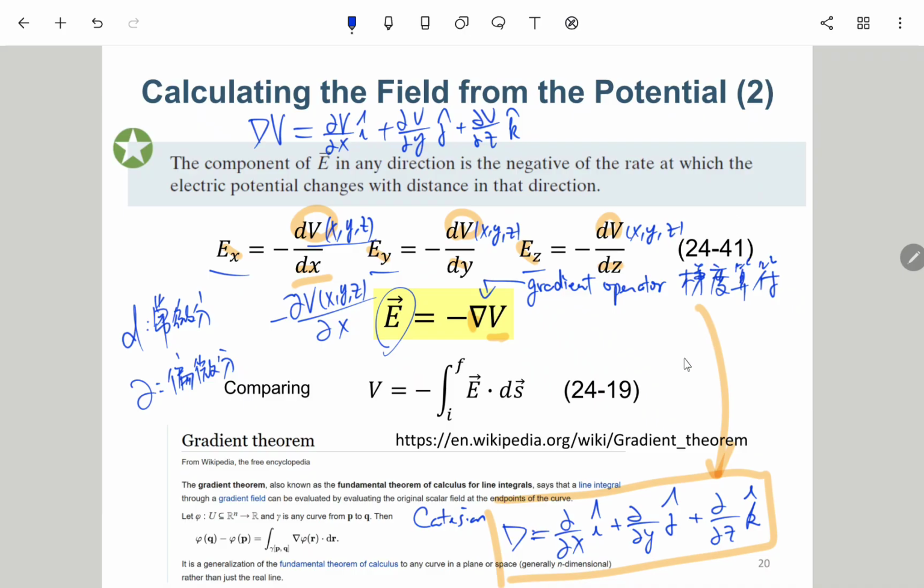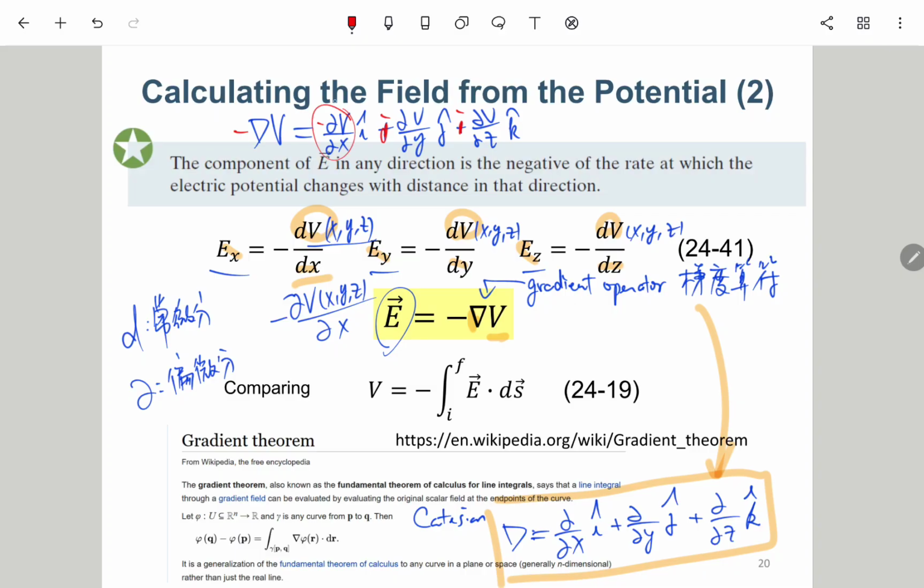So this one is taking the gradient to the potential. Turns out to be like this. And then here, if negative partial v partial x is E, so if we have a negative sign in the front, then this one is negative, this one is negative.